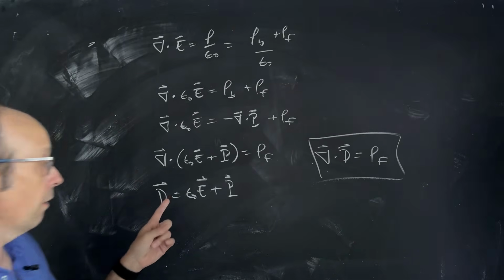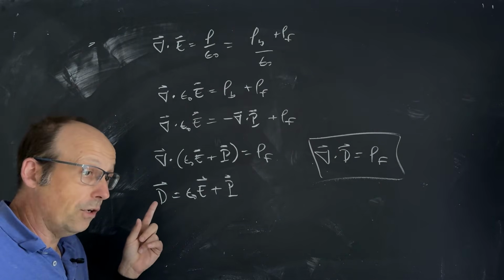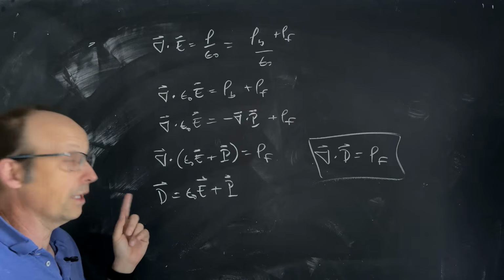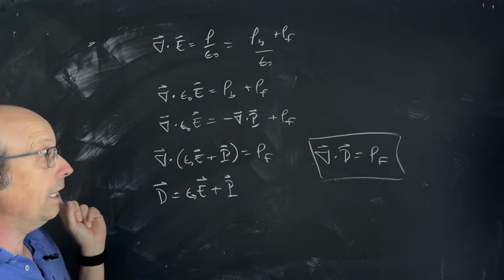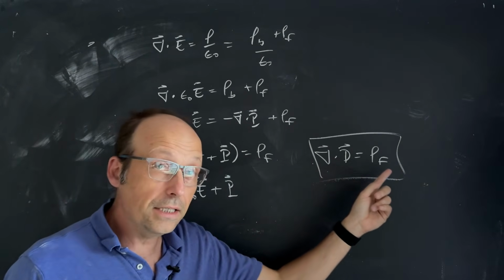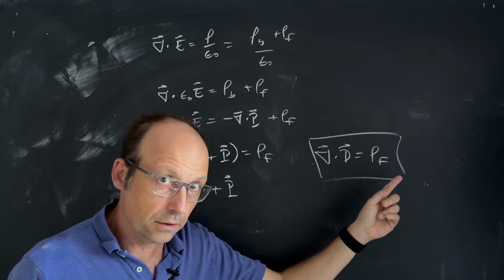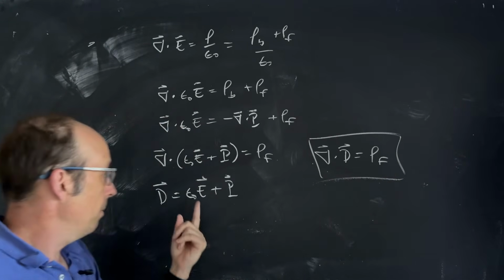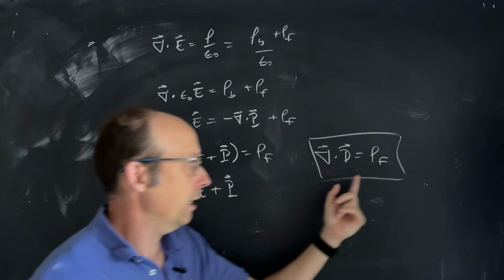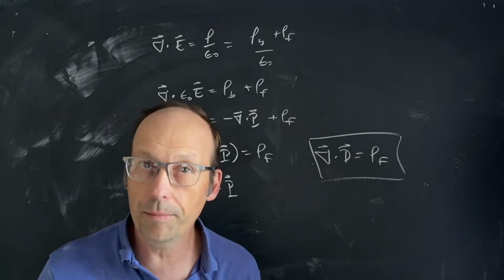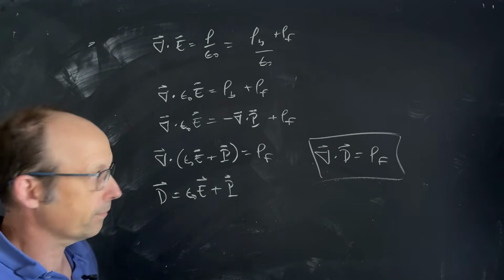Kind of a big deal, right? So here I'm defining a new term called the displacement field, the electric displacement field. And in that, Gauss's law only deals with the free charges. Now, the bound charges still matter, but they're in that P thing right there, okay?